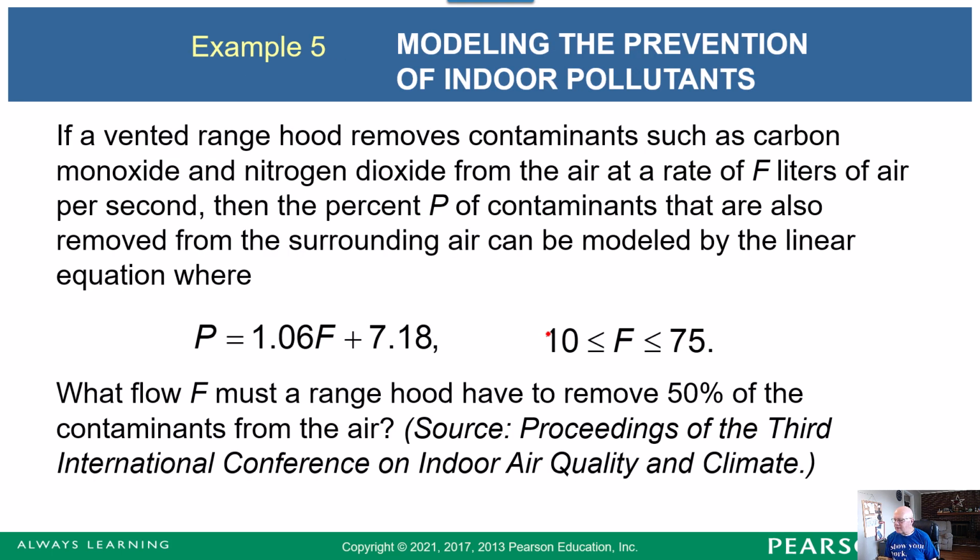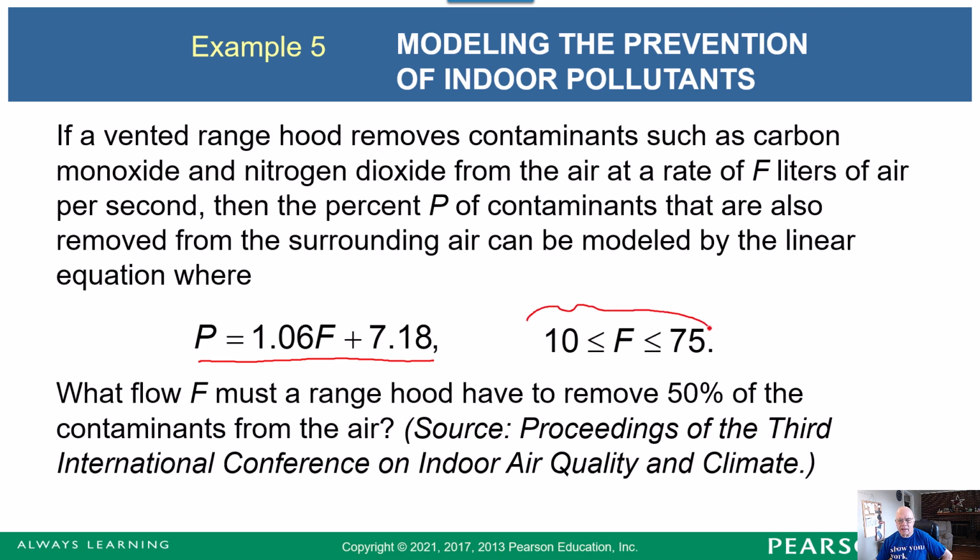So we've got one example. We've got a vented range hood. It takes contaminants like carbon monoxide and so on at the rate of F liters of air per second. The percent of contaminants that are removed can be modeled by this equation. There's your formula. And we also have a restriction.